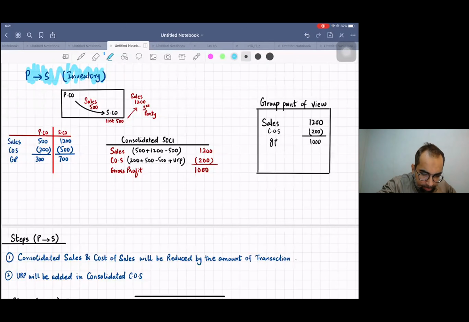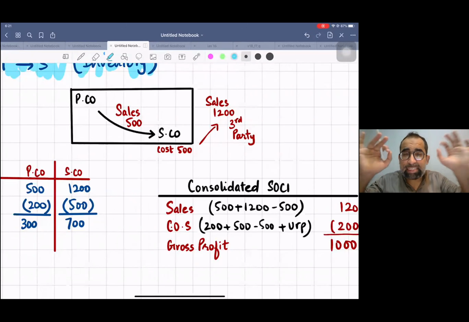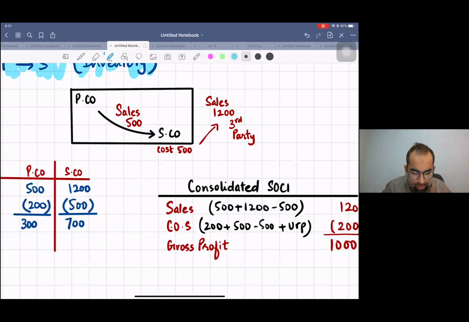So what's the first step? See, P company sold goods to S company for 500. There is an intercompany sale of 500. Okay. So now what do we do?